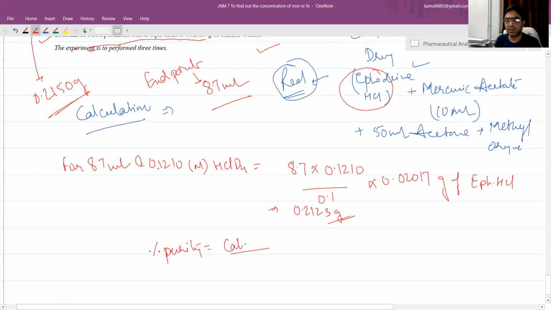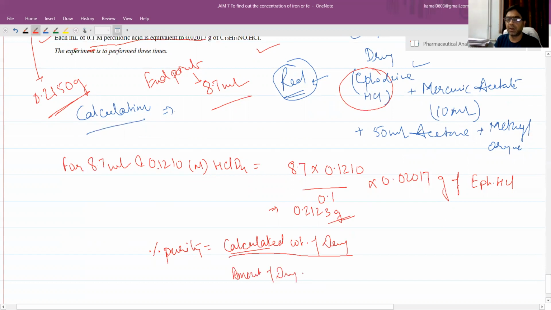The calculated weight of drug is divided by the amount of drug we have taken, that is ephedrine hydrochloride, multiplied by 100.